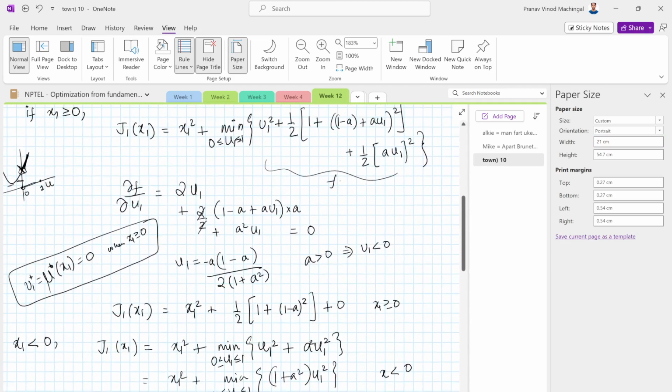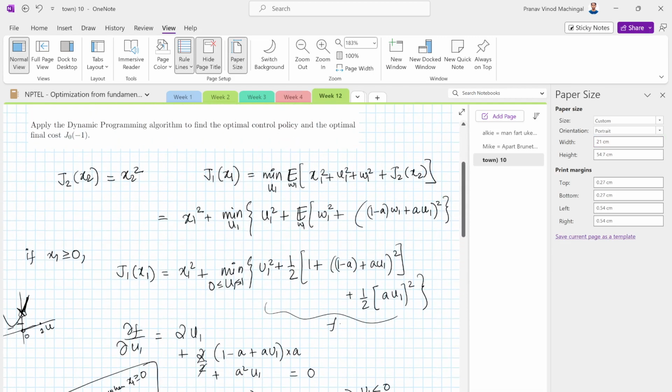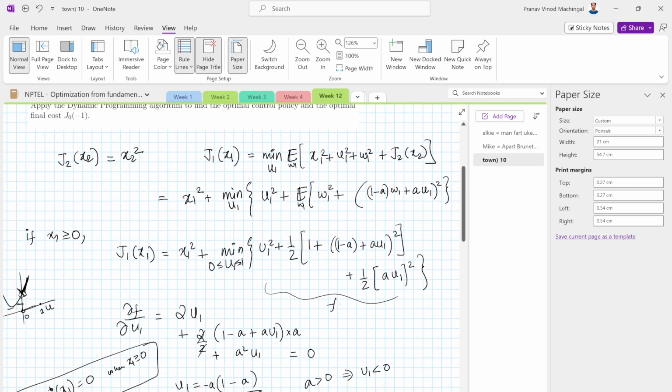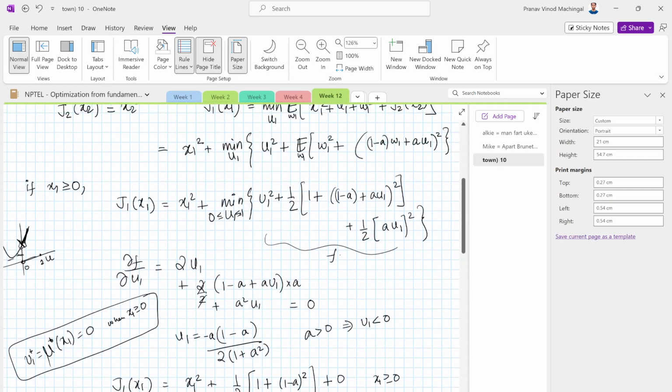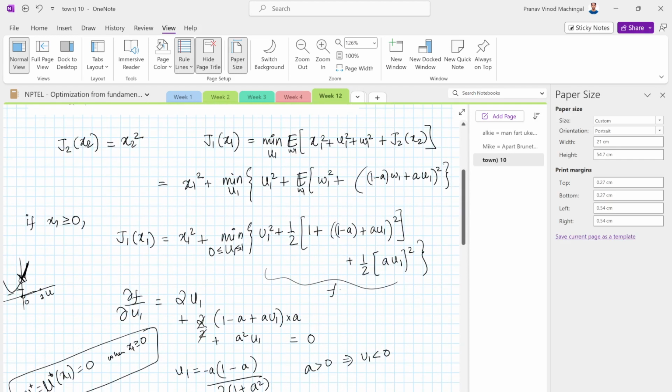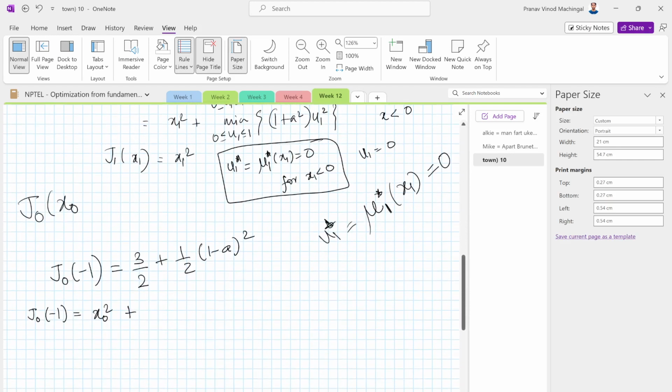And this will be x0 square, minimize over u0.